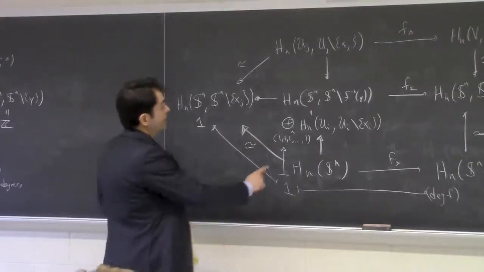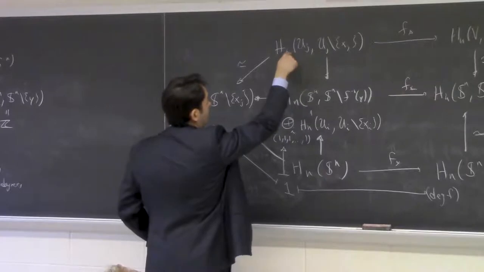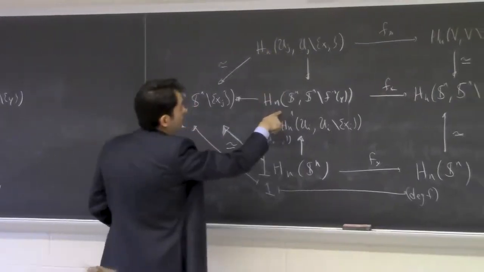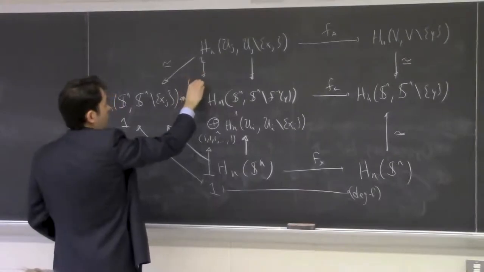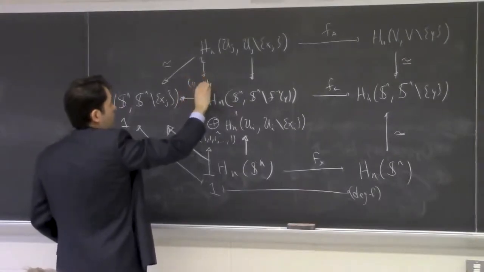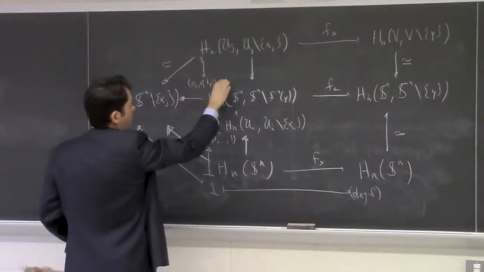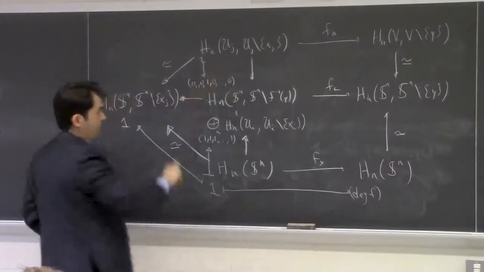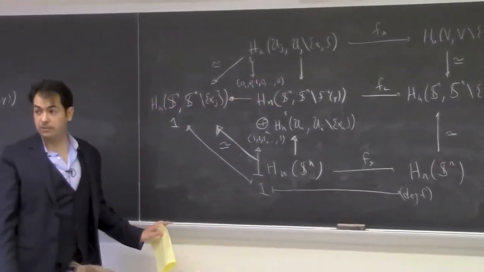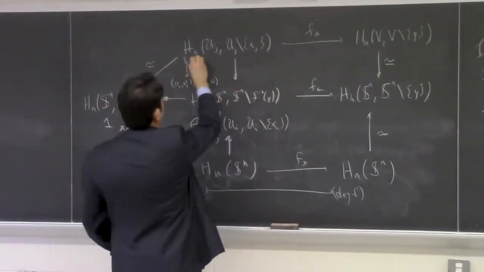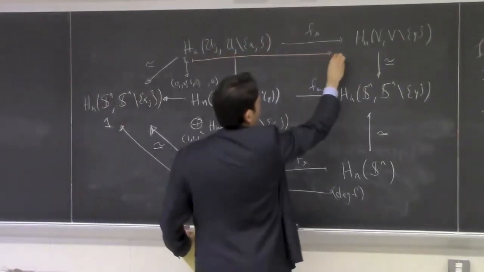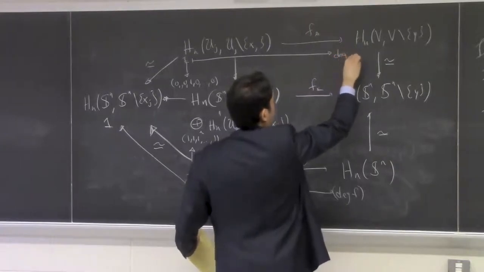OK. Then here, this is just the inclusion. So this takes 1 and sends it down to (0, ..., 1, ..., 0), a single 1 in the jth factor. And now here, this 1 would get sent to multiplication by the local degree.